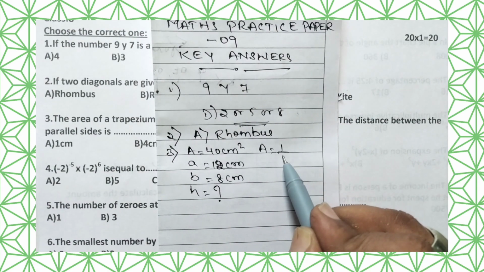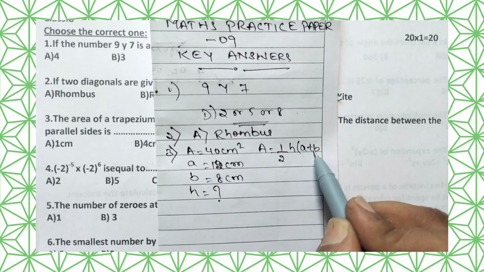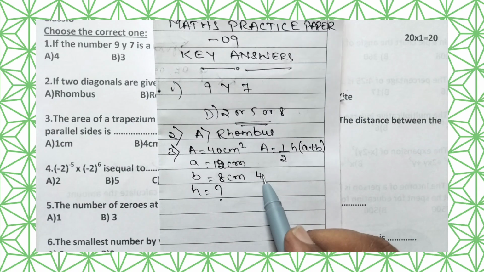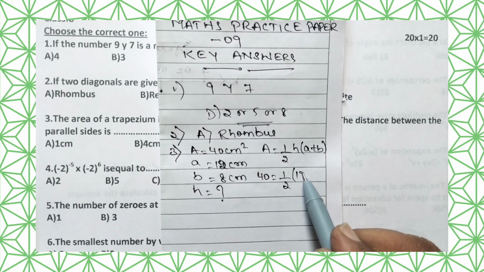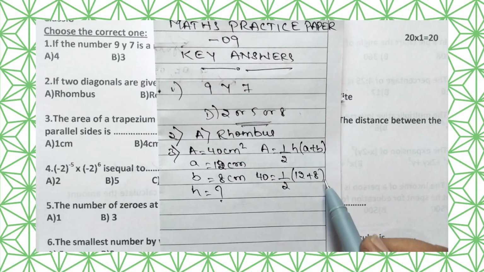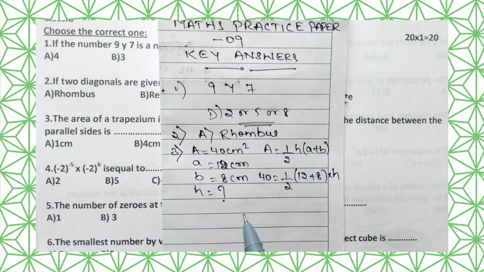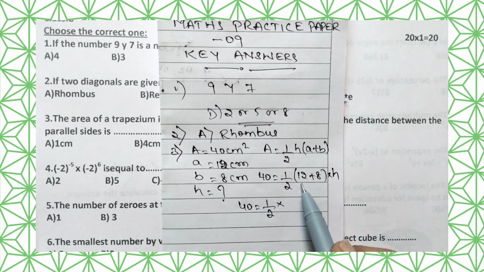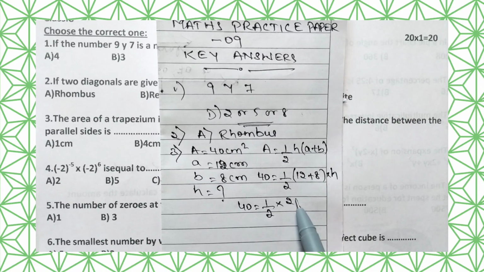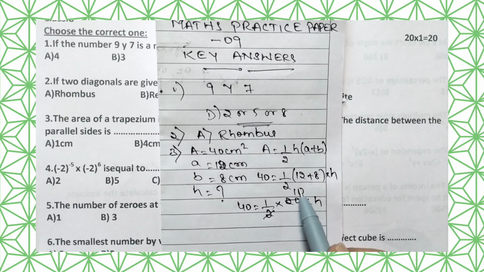Area of a trapezium is equal to half into h into (A plus B). Area 40 is equal to half into (12 plus 8) into h, which we don't know. Let us write h as it is. So 40 is equal to half into 20 into h. 2 ones are 2, 2 tens are 20.